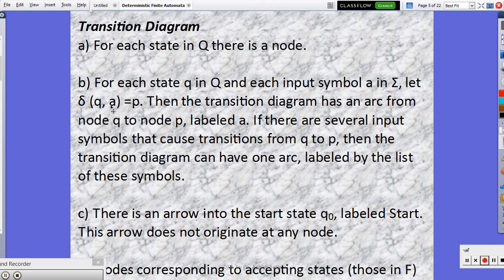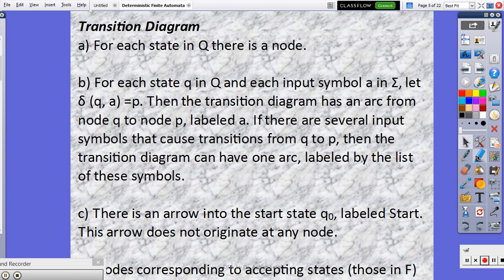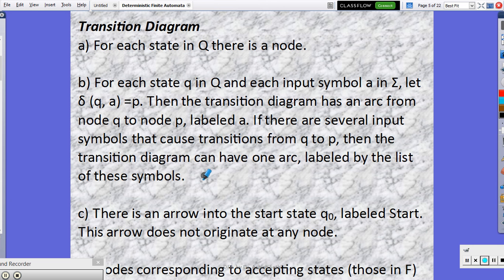So to represent this, what we do is we make a state, right?